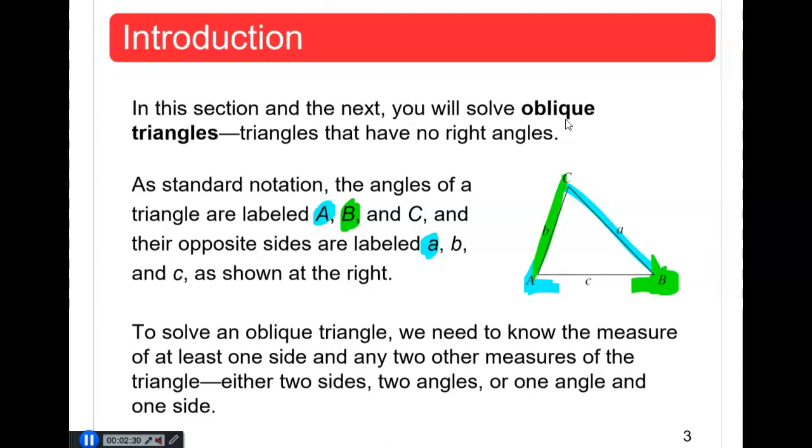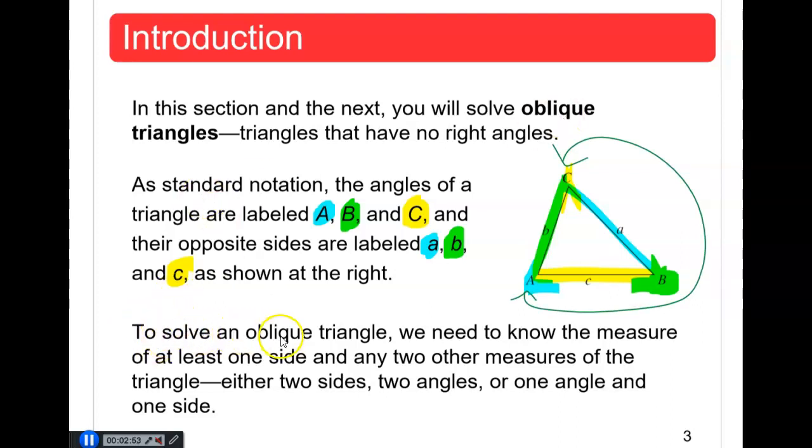And then finally we have angle C, and the side opposite to angle C is lowercase c. So you can see that is standard. We're always going to use that. You can also see how it is labeled in alphabetical order. We start here with A, B, and then C. So it is triangle ABC.